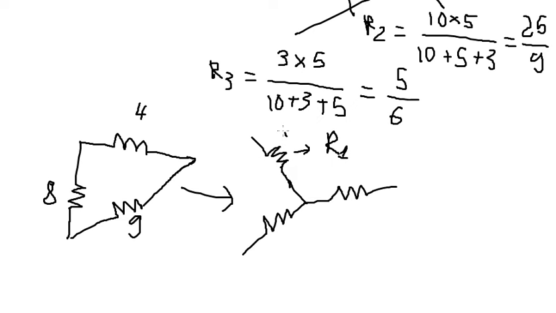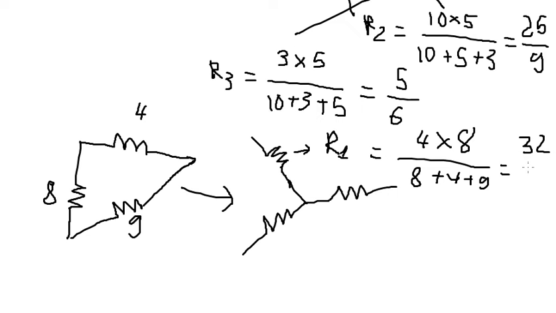R1 is between 4 and 8 when we put it in here. So we have 4 multiplied by 8 over the sum of 8, 4 and 9. We got 32 over 21.